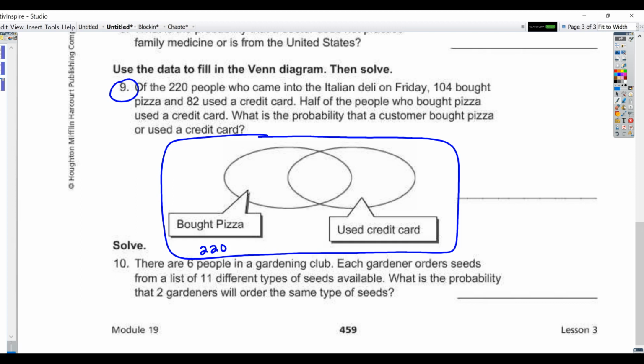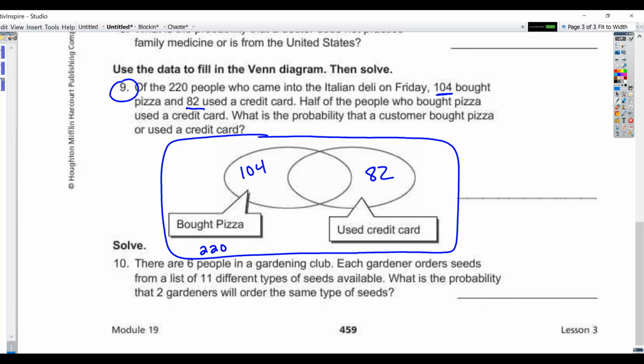Now, it says of those, 104 bought pizza. So this is our pizza one, so let's say 104 here. Now, is that correct? With what I have read so far, it is correct, but in a minute I have to adjust it. Then it says 82 use credit cards. So far, it's correct. Half of the people who bought pizza used a credit card.